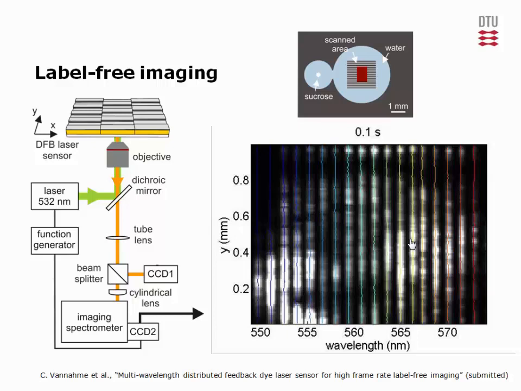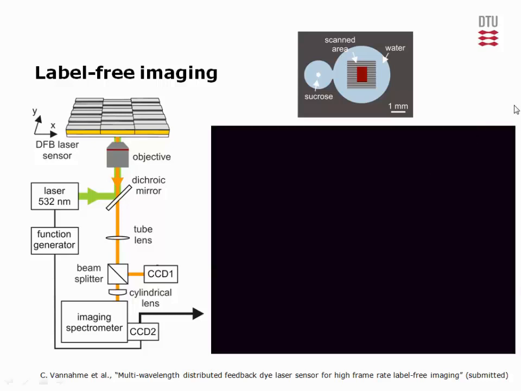And this is again a video. And now it's quite hard to see that the wavelength is actually shifting from left to right. You can maybe see it a bit when it jumps back after about 30 seconds. Oh, it's actually 45.